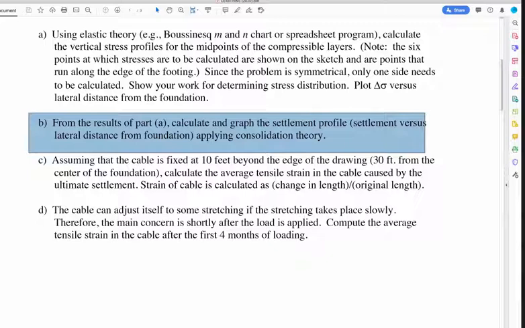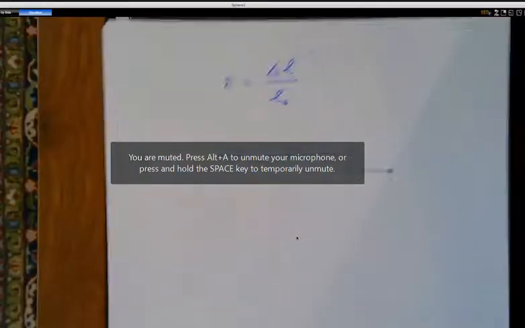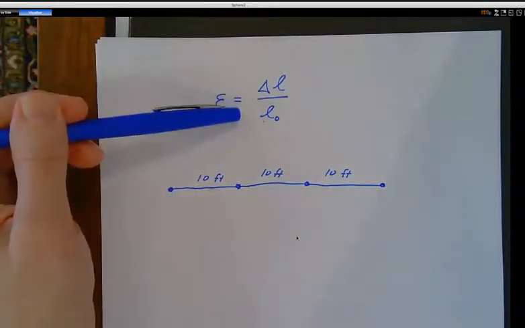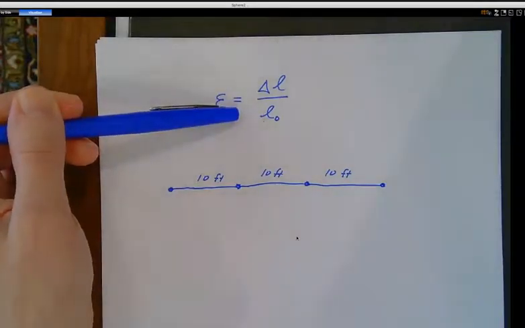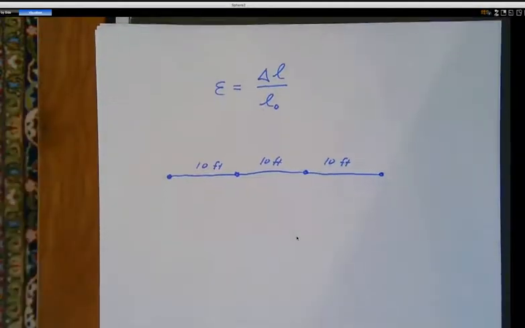And what I'm showing here, I'll share the screen, a different one. Is that strain is change in length over initial length, nothing new there. And that's just old, fundamental engineering stuff.